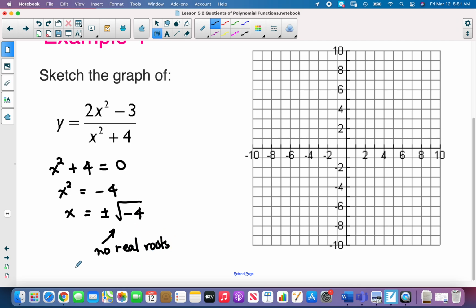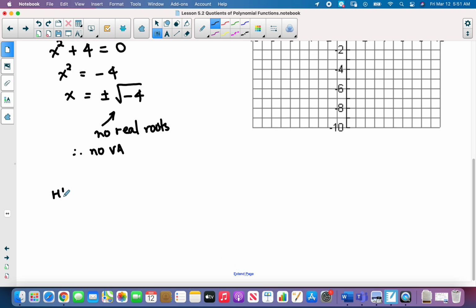So therefore there's going to be no vertical asymptotes in this case. If you look at the function, you have the same degree in numerator and denominator, so you'll have a horizontal asymptote at y equals 2 over 1, or y equals 2.